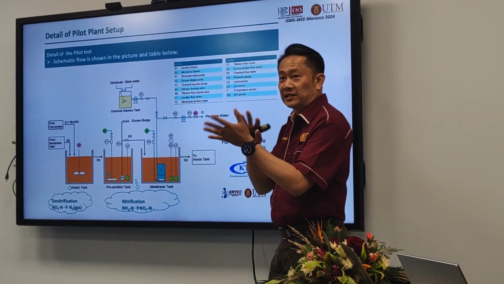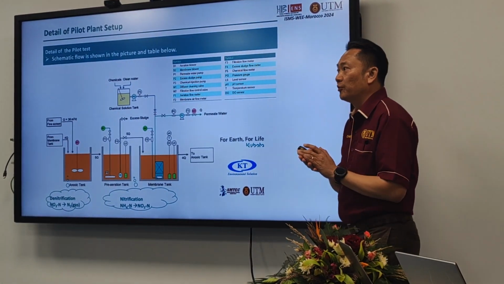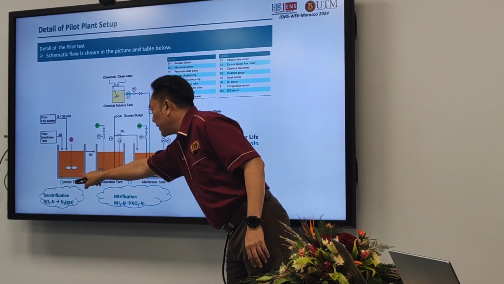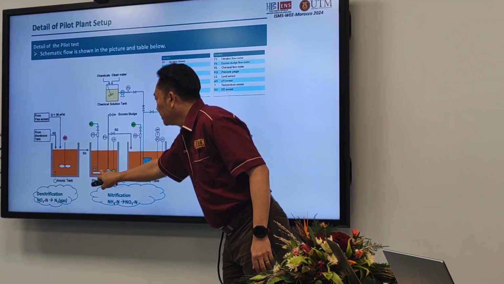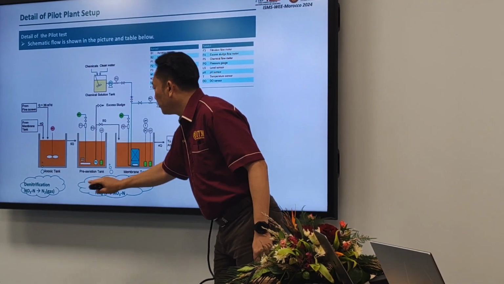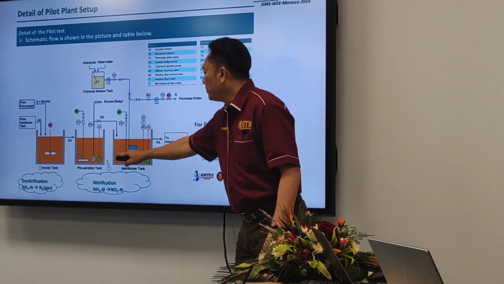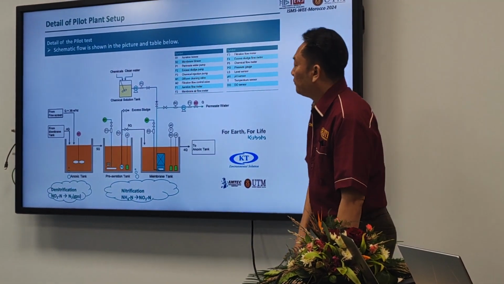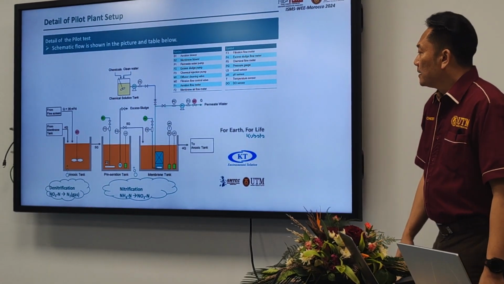The microbes will start their work. Continuously, there's no oxygen provided, and then from here, the second tank, water will overflow to this pre-aeration tank, and the membrane bioreactor, they have a nitrification process.